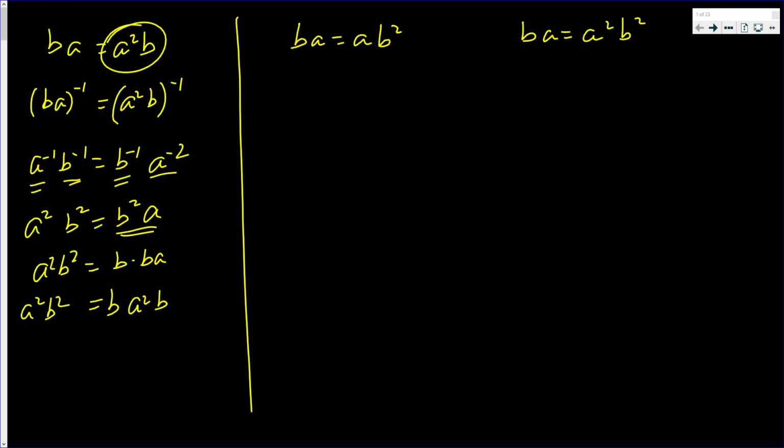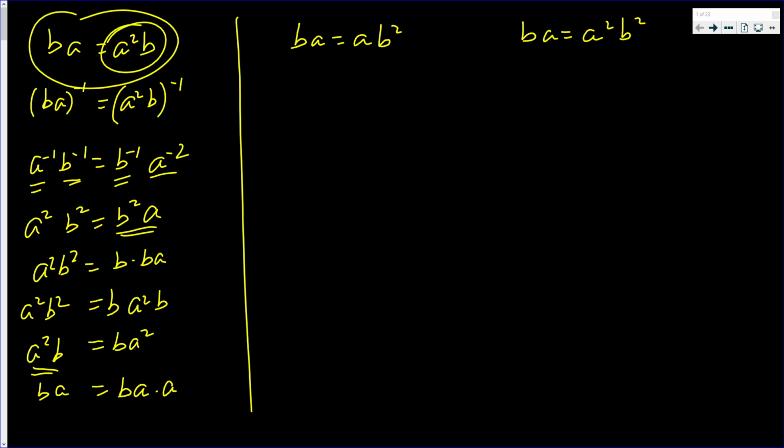Now, we kill off a B on the right side, on both sides of the equation. And we get A squared B is BA squared. But A squared B is BA. So BA is equal to B times A times A. So BA is equal to BA times something. That means that something is E, but A and E are not equal. That is, BA cannot equal A squared B.